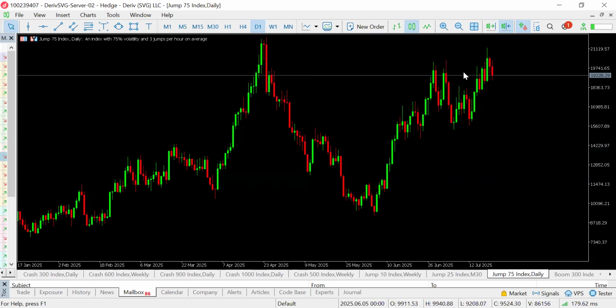If we look at this portion of the market, we can see the market made a low, lower high, lower low, lower high, lower low, lower high, lower low, lower high, lower low, and then the market made a lower high but couldn't come back to make a low.